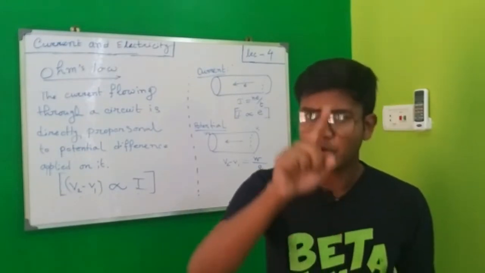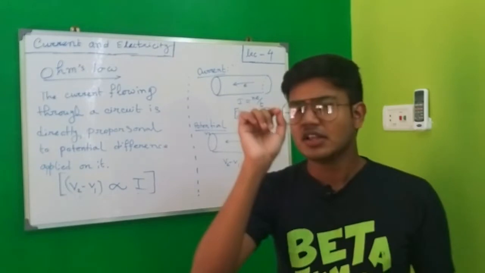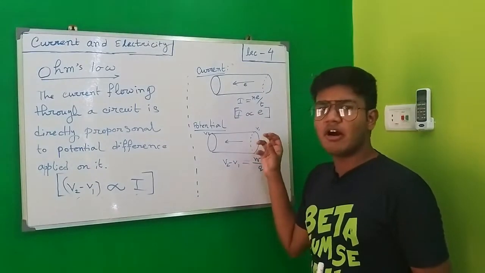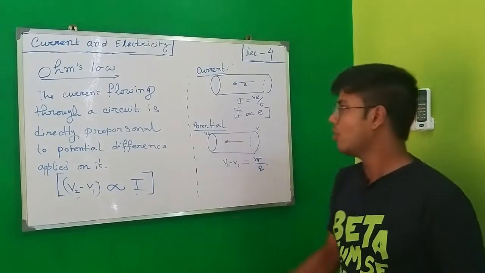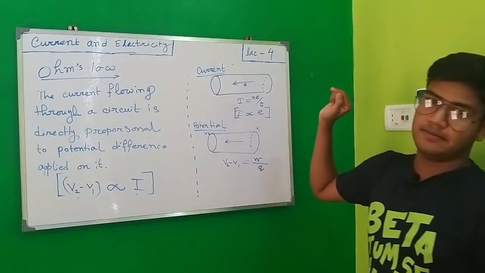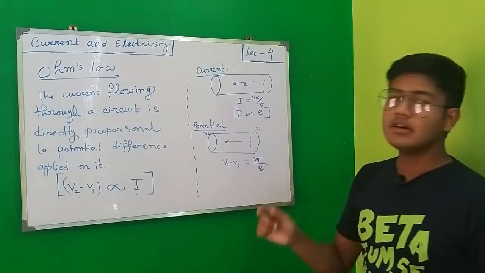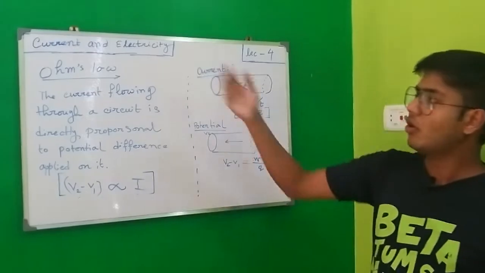So when you increase the potential difference, that means the flow of electrons is increasing, which also increases the current itself, and that is the relation between them, which is stated by Ohm's law.